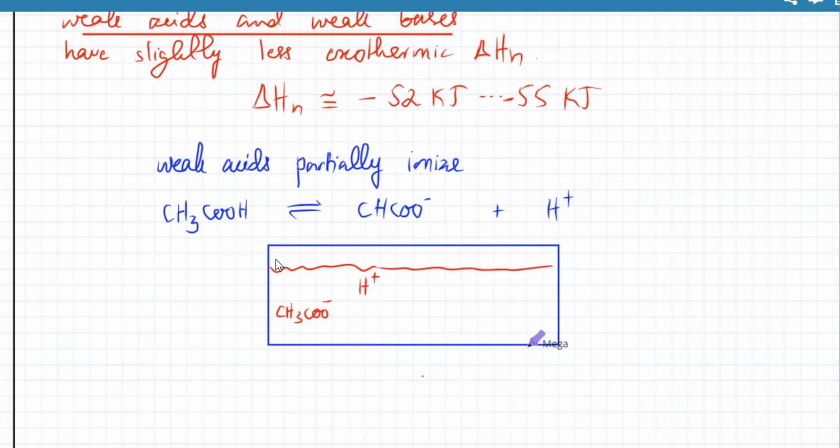So some energy is needed to ionize it. And दूसरी side पे you have a base like NaOH. That is a strong base, it will ionize. So the problem is the reaction is between H+1 and OH-1. You want them to react with each other, but they can only react if it ionizes. If it's not even ionizing, there would be no reaction. So that means weak acids partially ionize, and some energy is needed to ionize the weak acid or base.